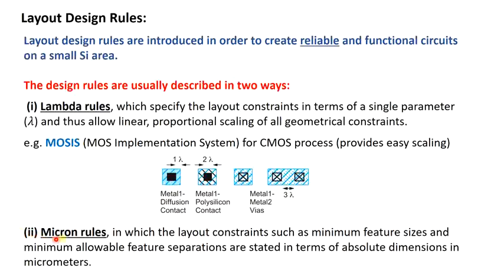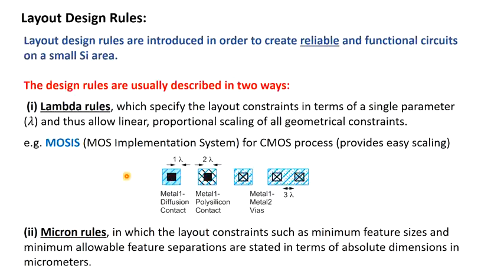On the contrary, for micron rules, all the device features are stated in absolute dimensions, given in units of micrometers. So for the same contact, if you use the micron rule, then instead of 1 lambda, you need to use probably 1 micron for some technology node, maybe 0.8 or 0.7 micrometer for another technology node, like that.